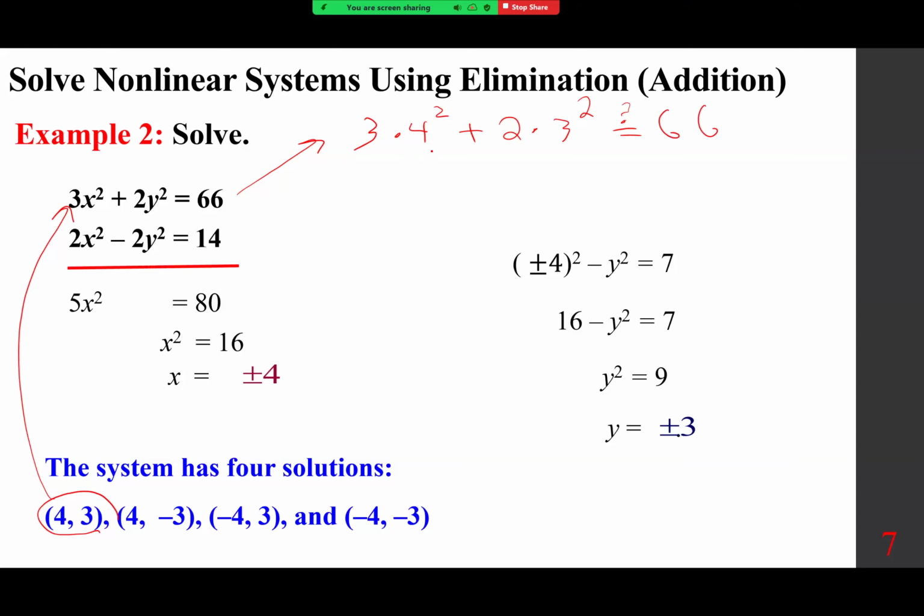So this is 16. This is 9. 3 times 16 is 48. 2 times 9 is 18. And it checks. And you can do the rest of them in the same manner, everybody. Okay, it's pretty straightforward. I hope everybody's okay with that.